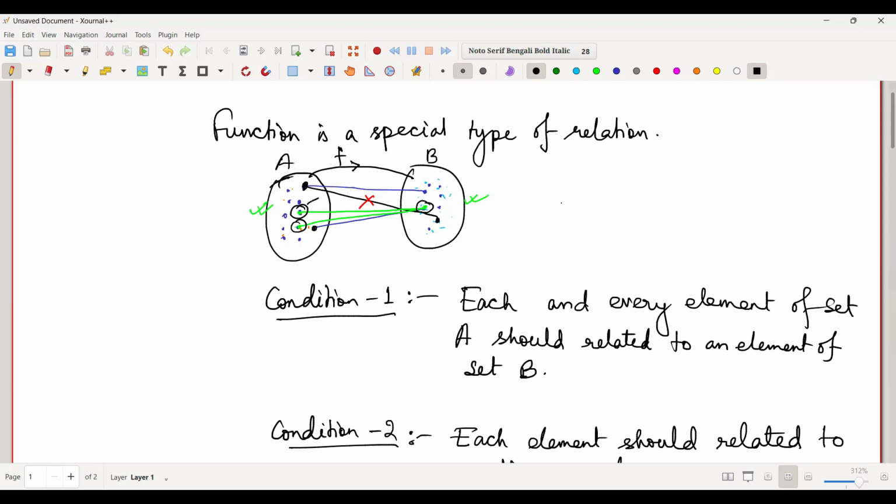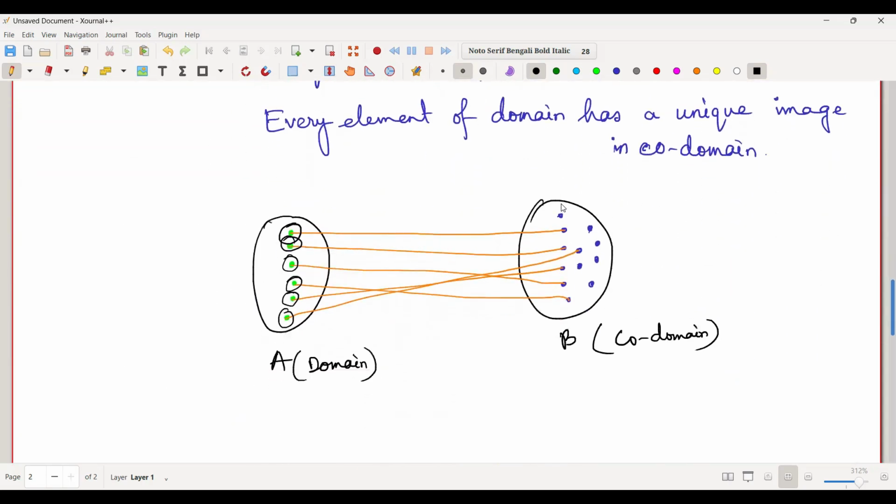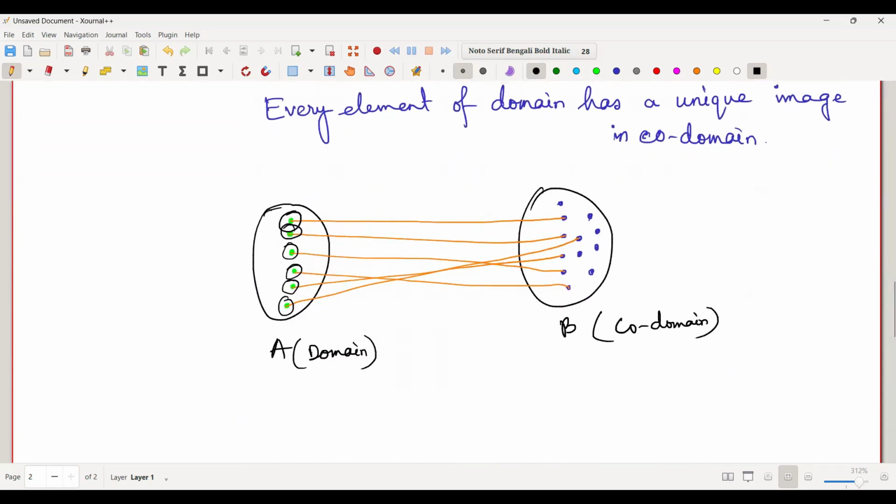Here these two elements have the same image, but for a one-one map, every element of set A has a different image in B. See, no two elements here are mapped to one element in set B.